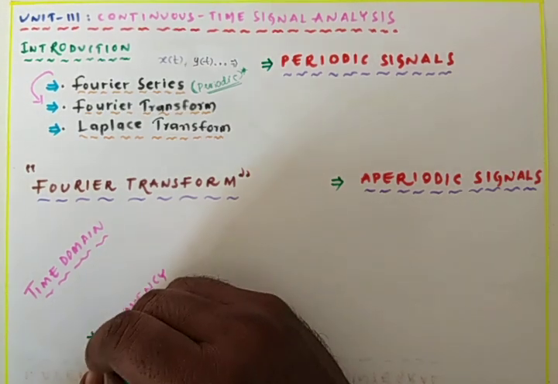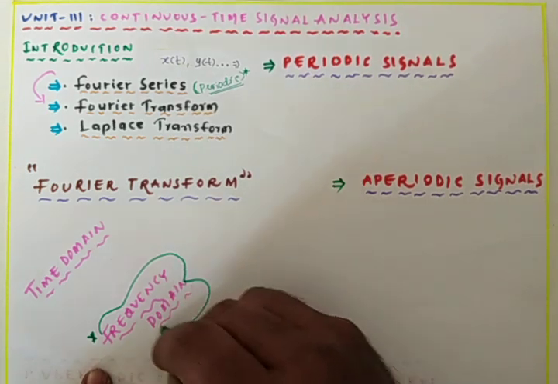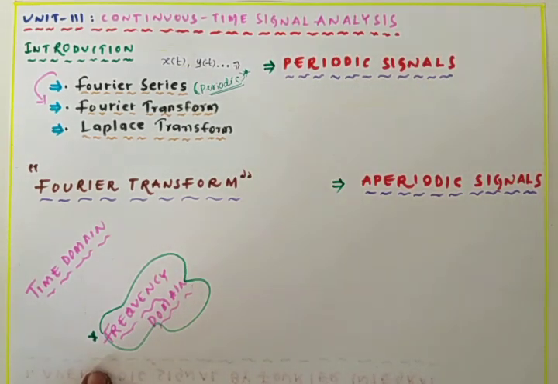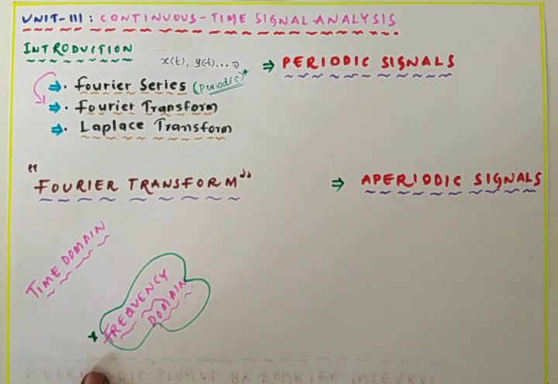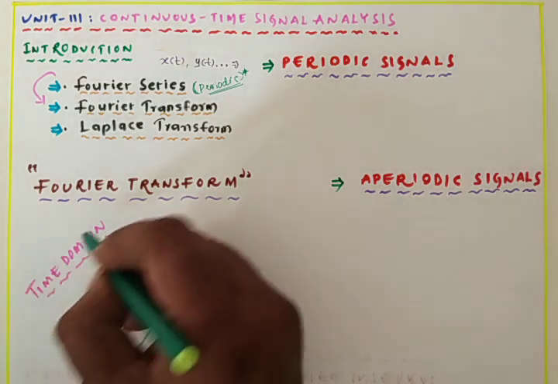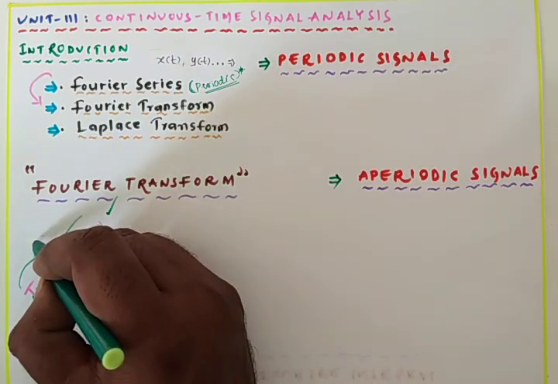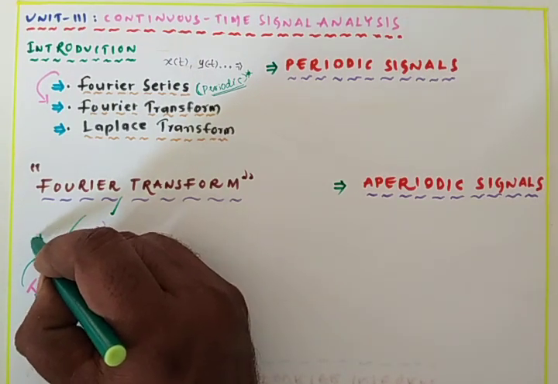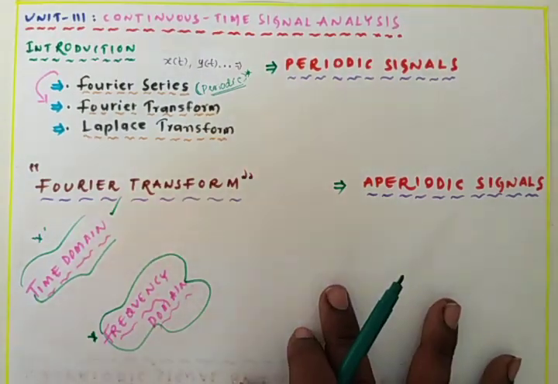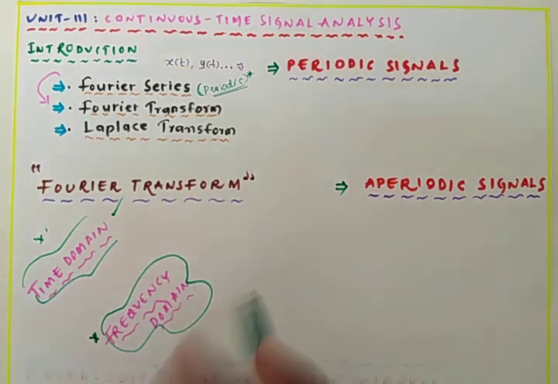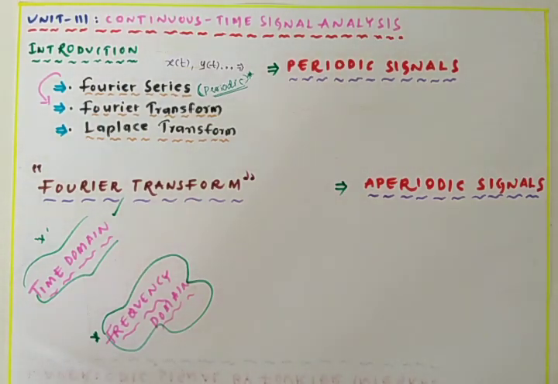When the signal is represented in the frequency domain, the analysis of that particular signal will be more convenient than the time domain signal. So far we have studied each and every signal with respect to the time domain. That means we have studied the signal properties with respect to the time. So I am going to explain what exactly the time domain is, and what exactly the frequency domain is.